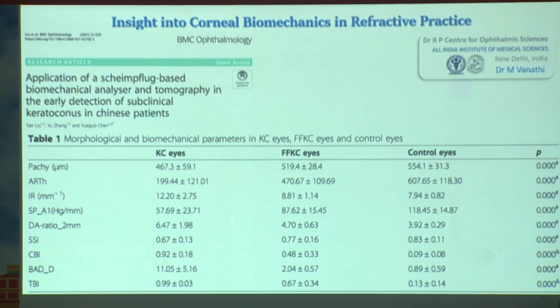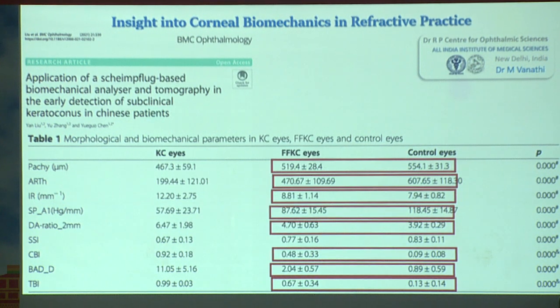There are multiple studies which have come out here, and one particular which does talk about greater applications to detection of subclinical keratoconus. I think more work is in this particular area in recent times, and probably we'll see more literature on this to help enhance our understanding here.